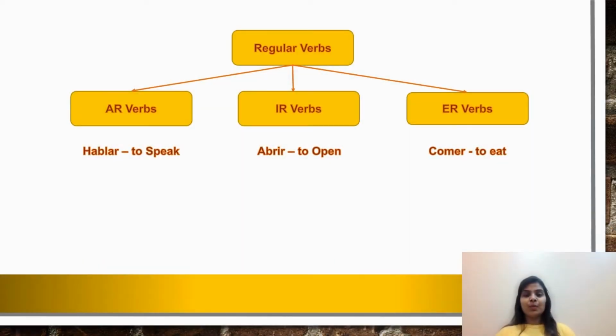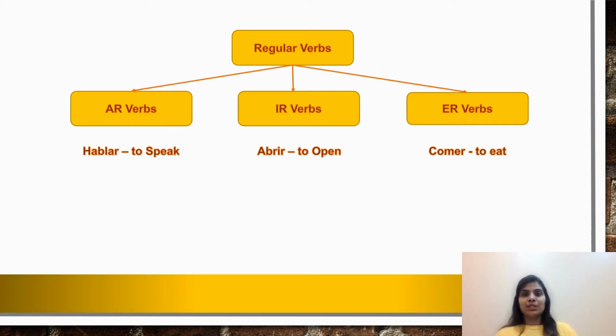Let's start with the concept of regular verbs conjugation. To put this in more context, let's understand what regular verbs are. Any action word is a verb, and action words are like eat, play, drink, go, come.